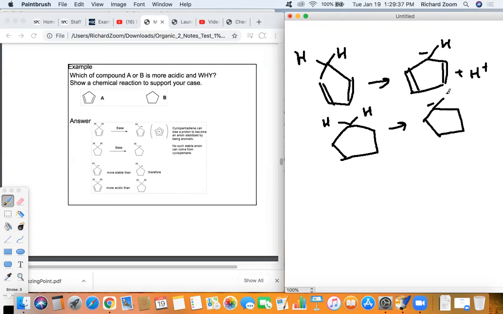When you lose an H+, whatever is left has a negative charge on it. If you look at the anions, you can see that one produces a more stable anion than the other one does, because this one will be aromatic and this one will be non-aromatic.